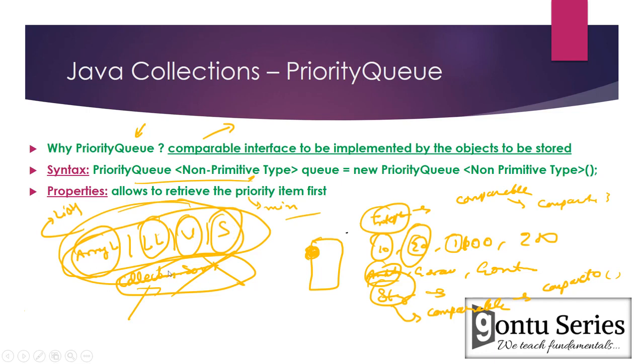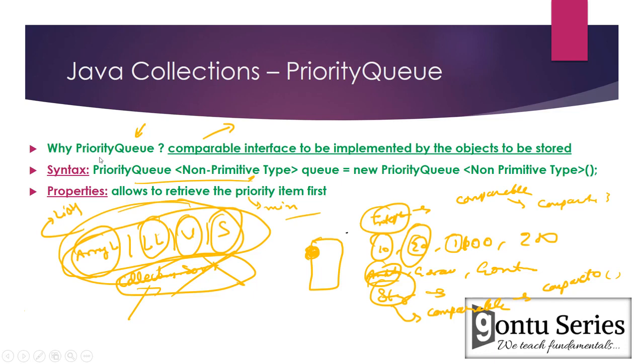Now the way iterator works with all of these is it's going to display records in the same order you have inserted them. So if you have added elements in a specific order, Ankush, then Gontu, and then Gaurav, and then Series, the iterator is going to display things in that same order.